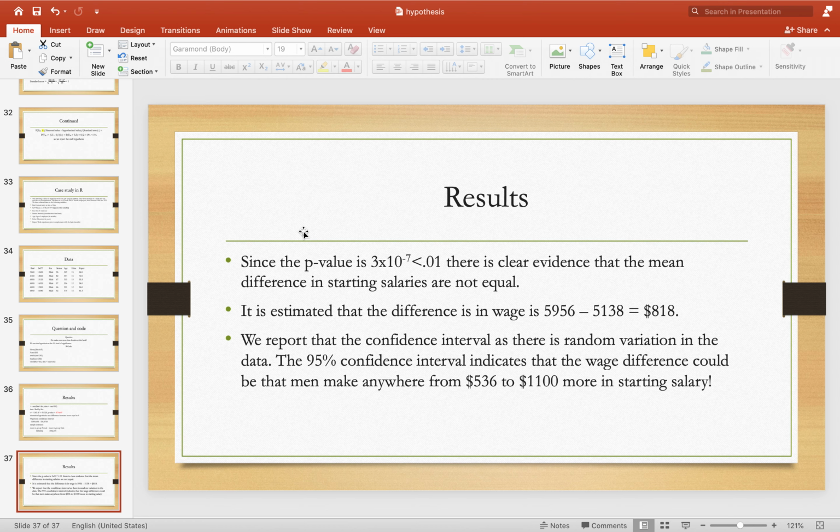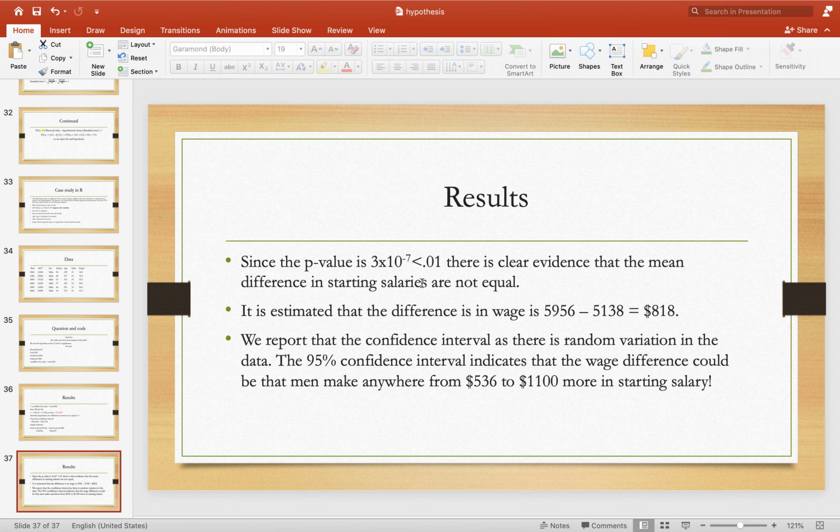The p-value is very small, so it's very clear evidence that the means are not equal. And it's estimated that the difference in wage is the difference in salary on average. So men on average make $818 more.